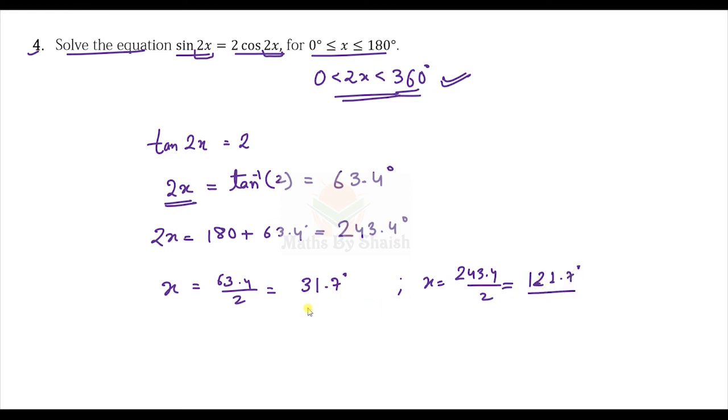If we find the next angle, it is 180 plus 243.4, which is of course more than 360. That's why we will not accept this. So the only solutions for this equation are 31.7 and 121.7 degree. So I hope it is clear. So that's it for this video. Thank you so much.